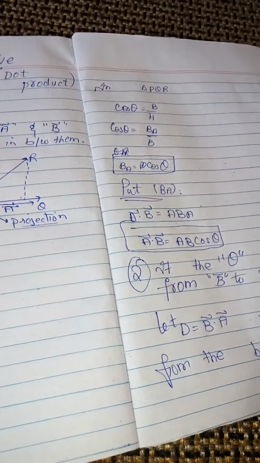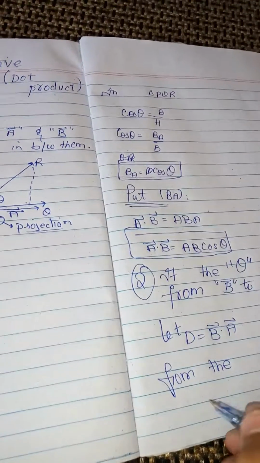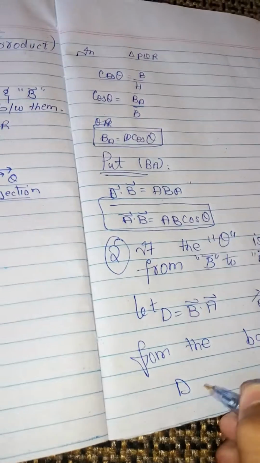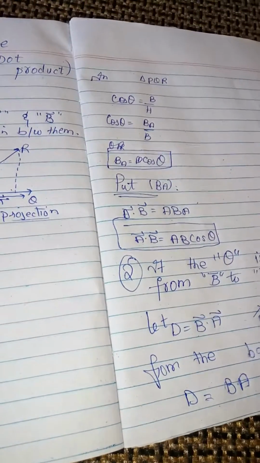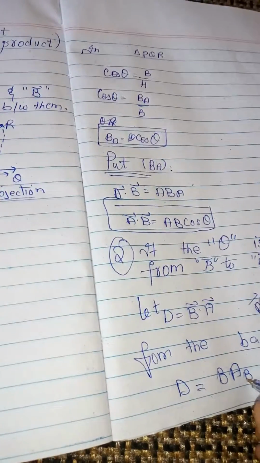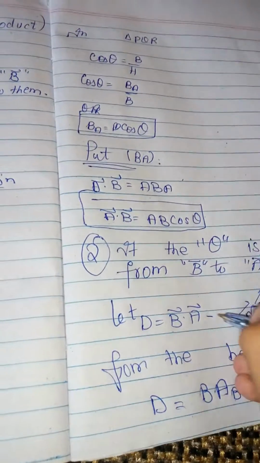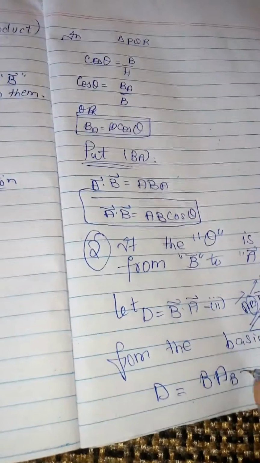From the basic definition, d is equal to the magnitude of b multiplied by a_b. We call this equation number 2.